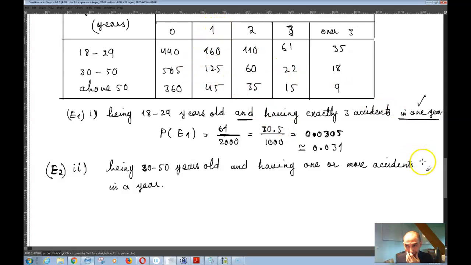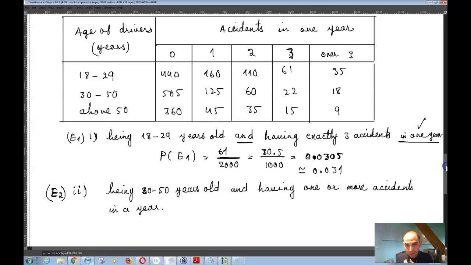So basically the number of one or more accidents means that one accident has to be counted here, 2 has to be counted, 3 has to be counted, and over 3 has to be counted as well. So for 30 to 50, that was basically 125, 60, 22, and 18.